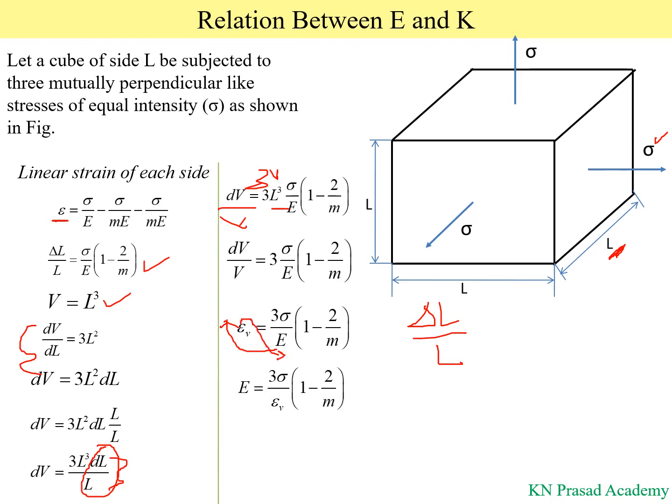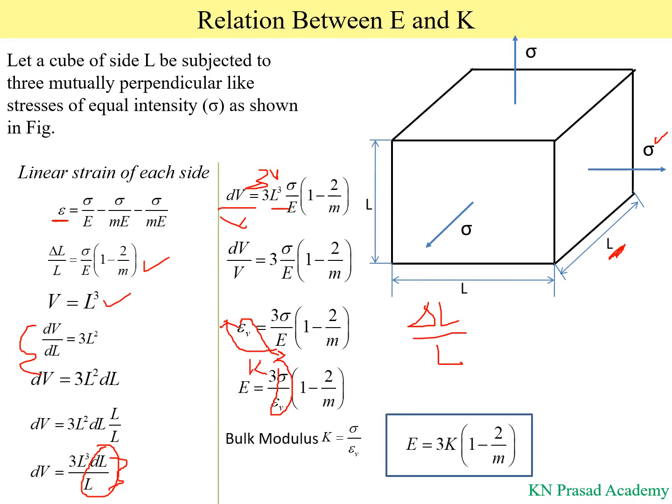So this equation will become E equal to 3 sigma divided by epsilon V into 1 minus 2 by M. We know that the bulk modulus is direct stress divided by volumetric strain, that is sigma by epsilon V. In this equation, sigma by epsilon V is there, so we replace sigma by epsilon V with K. Then this equation will become E equal to 3K into 1 minus 2 by M.